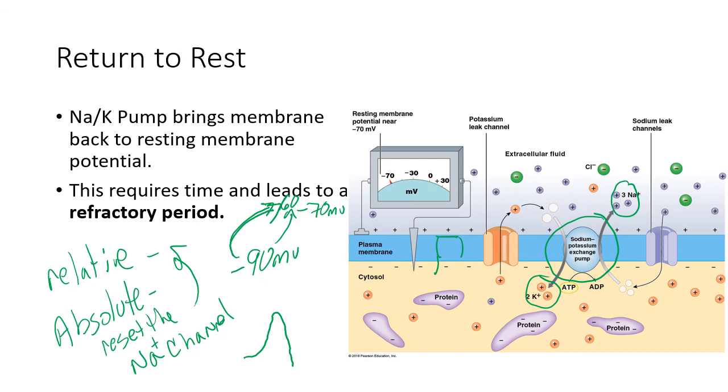Normally, we're going to go from that negative 70 all the way up to a positive 30, which is, in a sense, a 100 millivolt change. Now, if we're all the way down at negative 90, we've got to do a 120 millivolt change. So it takes a much stronger stimulus in order for us to get there. So better to be in that relative refractory period than need to have another action potential come along within the cell itself.